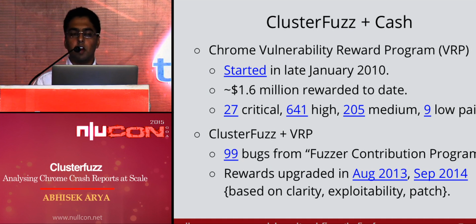What we benefit out of it is we get all these reports in the format we need ASAP and deliver a fix and patch to our users quickly. So it's a win-win situation for us. We have found at least 100 bugs from the fuzzer contribution program, and we hope to make it public pretty soon too.